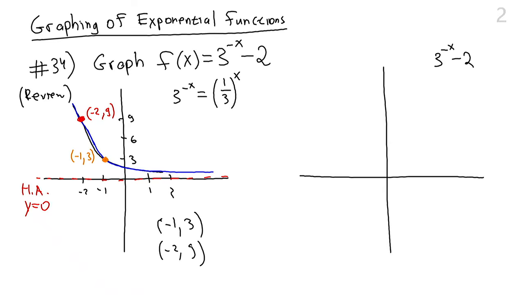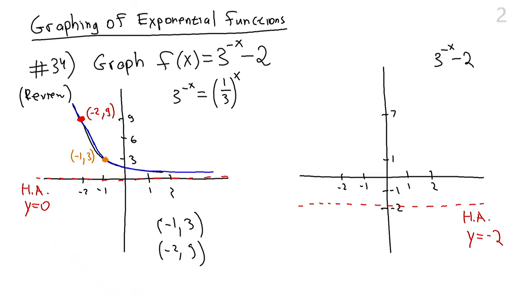So now I'm going to graph the very same function, except I'm going to shift it. I'm going to vertically shift it 2 units down. And now in this vertical shift, my horizontal asymptote is going to be y equals -2.